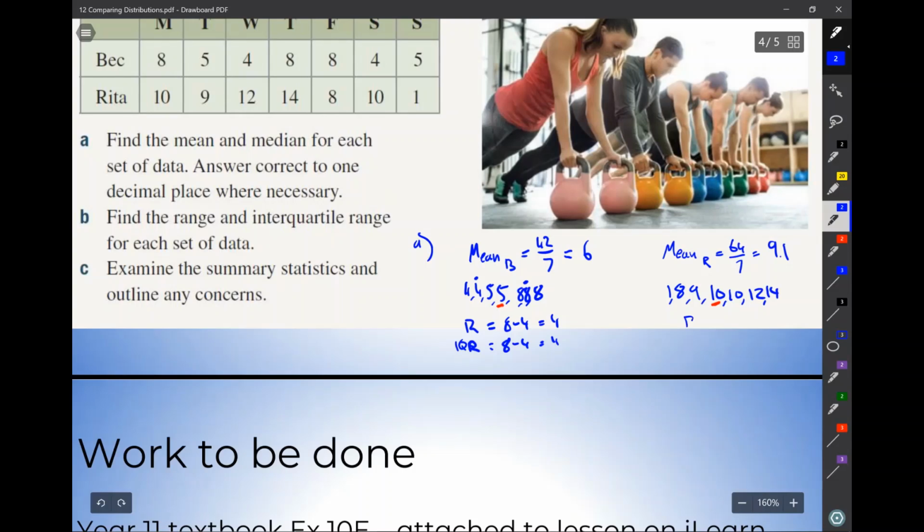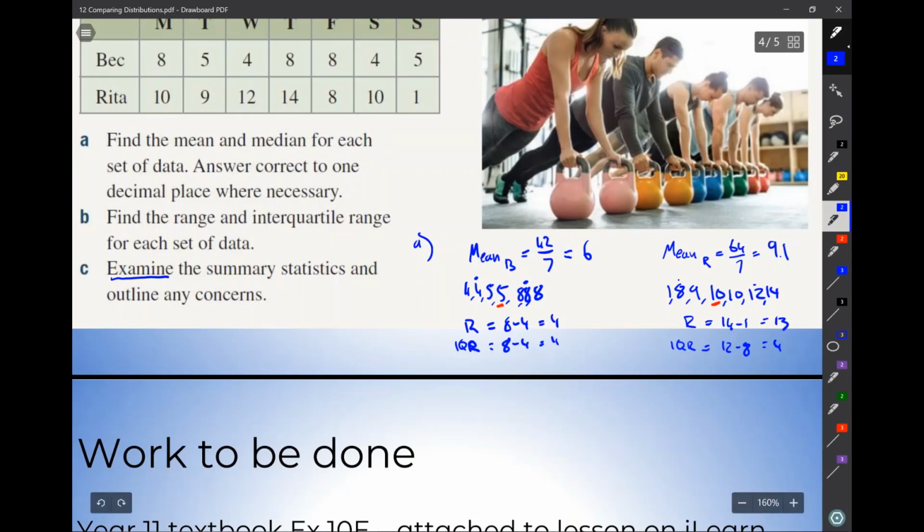And over here for Rita, we have 14 minus 1 is 13. And the interquartile range is 12 minus 8, or 4. That's just a little bit of revision on calculating mean, median, range, and interquartile range.